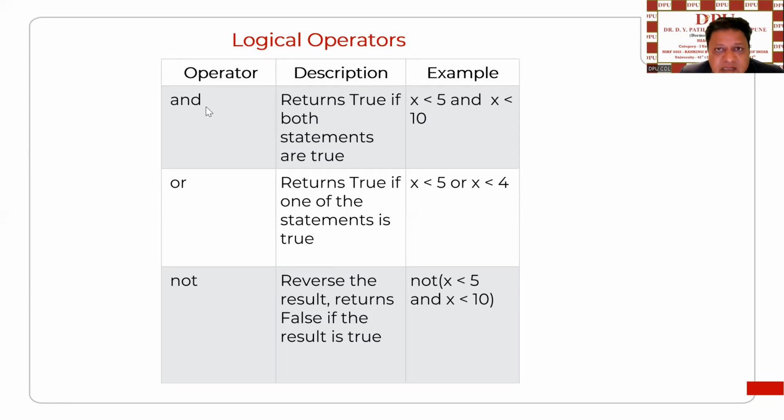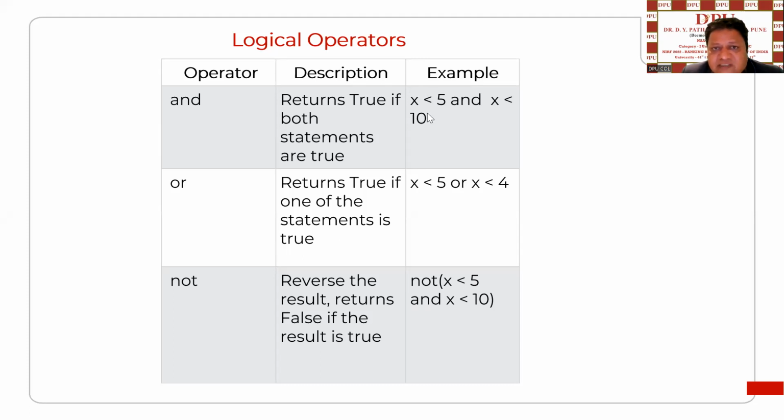If you use the and logical operator, then both the conditions must be true. Say for example, x less than 5 and y is less than 10. Suppose that here the value of x is 4.